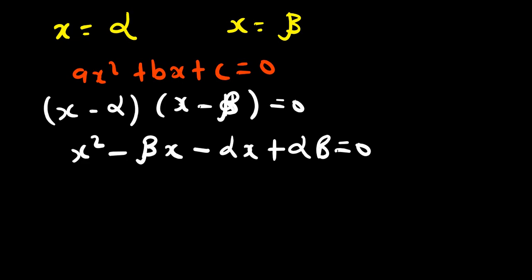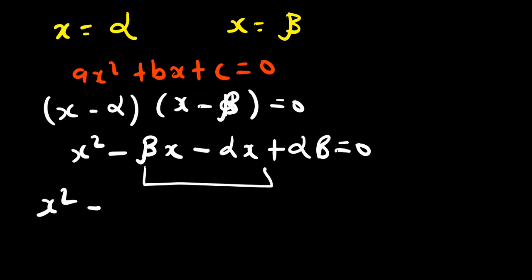From here, we are going to factorize x, like that, in the middle. And what are we going to have? We're going to have x squared minus, let's get our beta and our alpha.